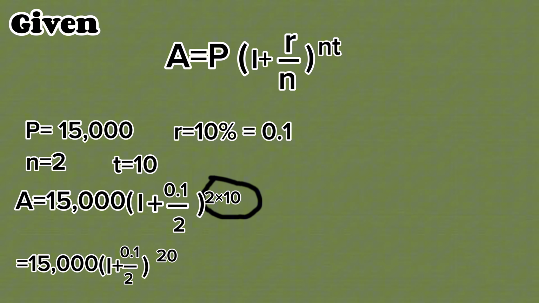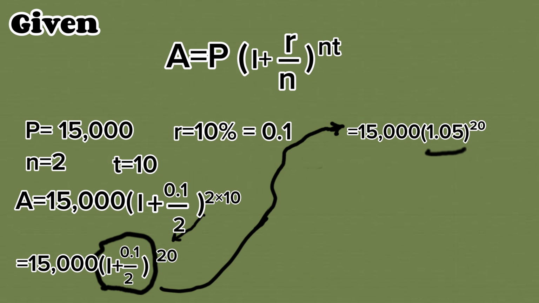So 2 times 10, so our exponent is 20. So the next is we find the value here inside the bracket. So 0.1 divided by 2 plus 1 is equals 1.05. And after that, we raise our 1.05 to the power of 20.